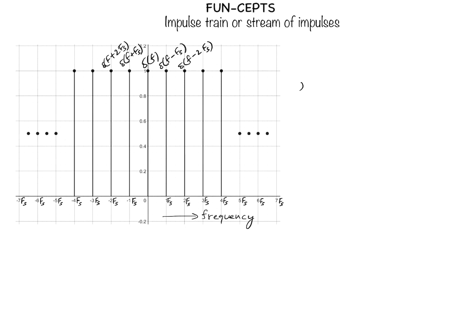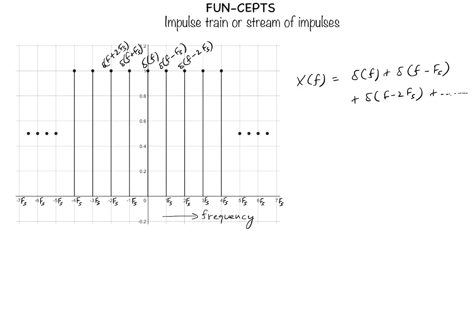To keep our notation clear, we'll call it capital X of f, which is the summation of all these impulses: delta of f plus delta of f minus fs plus delta of f minus 2 fs plus delta of f minus 3 fs plus delta of f minus 4 fs, and so on.